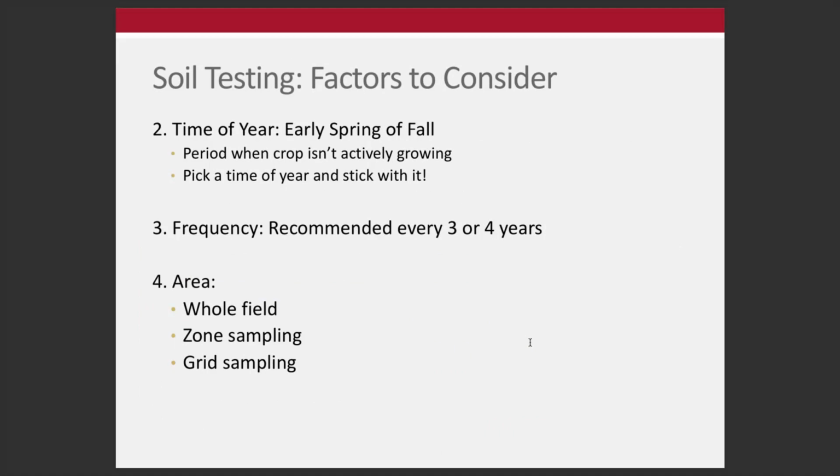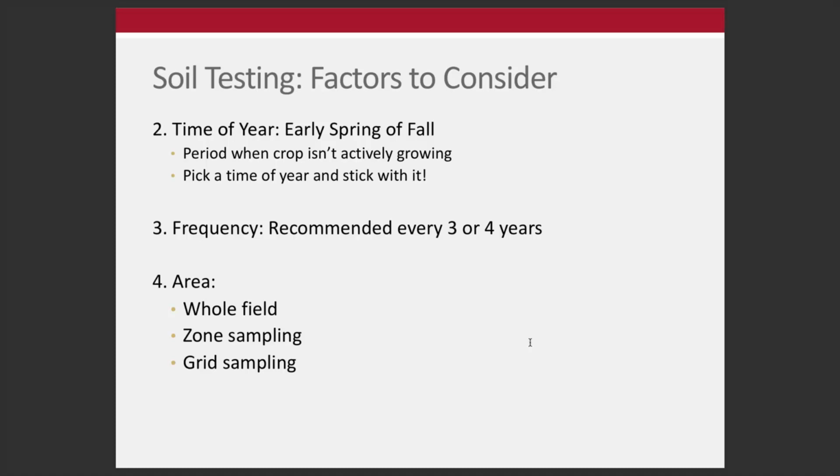Okay, other things to consider: time of year. Sampling in early spring or the fall is a period when crops aren't actively growing. Again, this is the point we really try to drive home about soil testing: there's not a particularly perfect way to do it, but whatever you do, make sure you stick with that system and do things consistently from time to time.